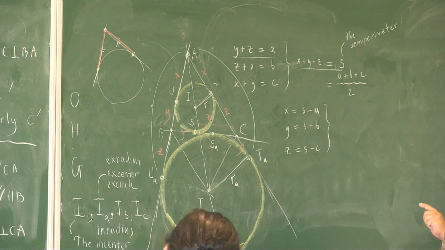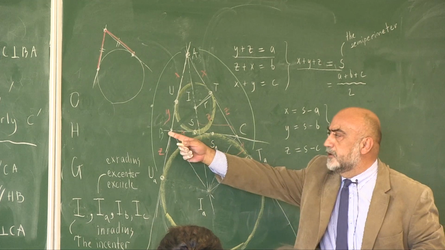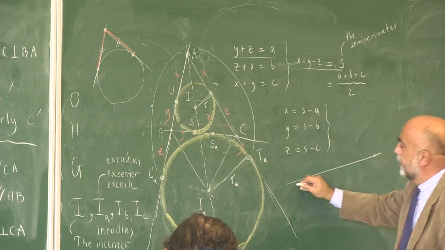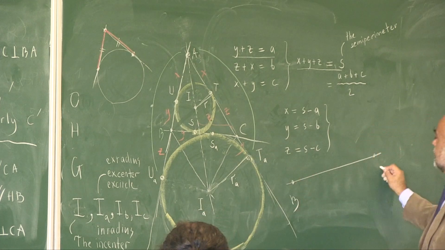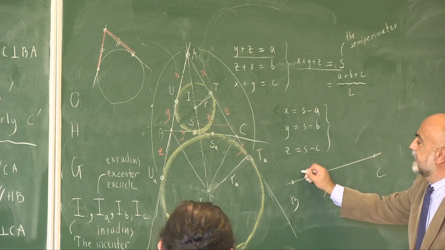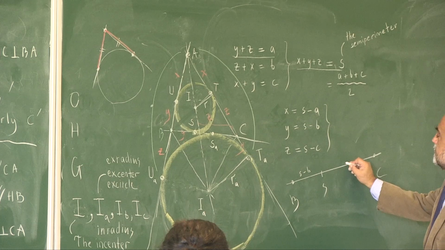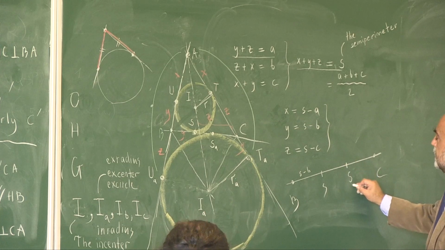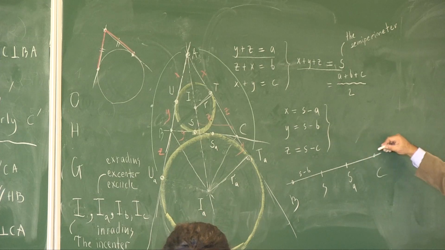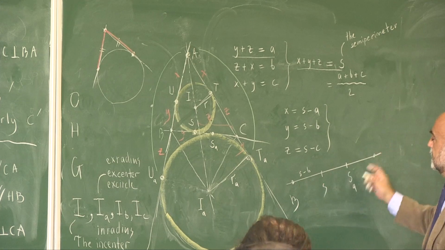I would like to finish by observing one very important thing. I want to direct your attention to this line segment BC. The point S is here, and this length is s minus b. The point SA is here, and this length is s minus c, and this whole thing is a.